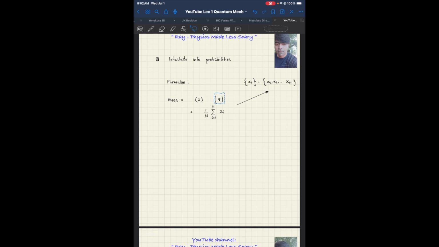This is notation, this is no multiplication, xi or x bar, but I'll probably more often use this notation.